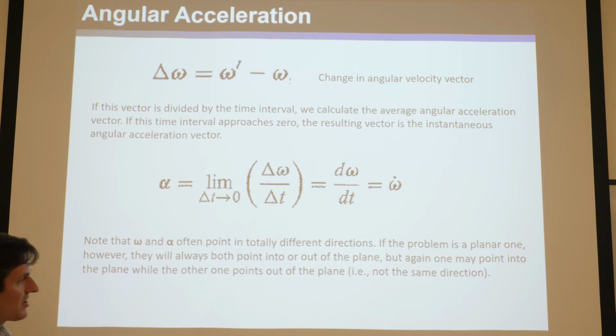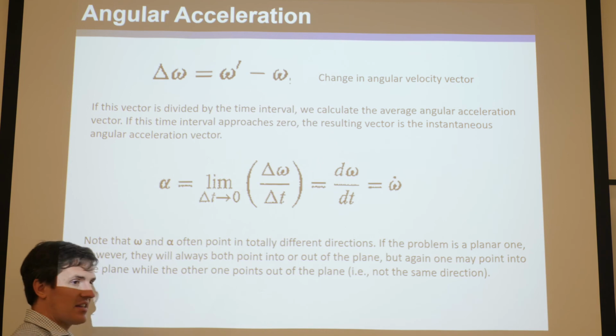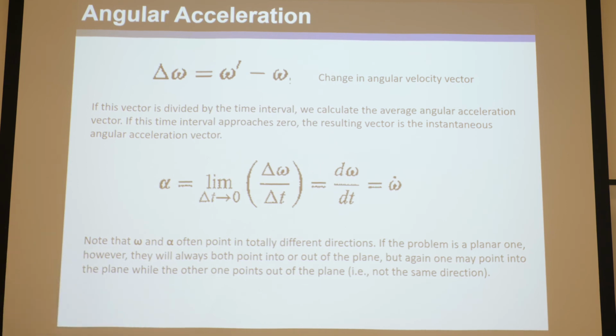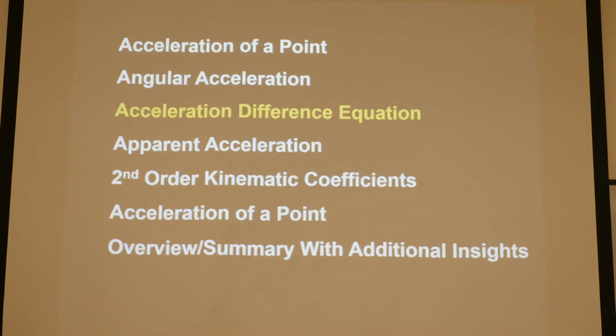They're not going the same direction. The alpha is going the opposite direction. Now, of course, if it's accelerating, then they're pointing the same direction. Okay, so just something to think about. But that's just for planar scenarios. Usually for three-dimensional real-world scenarios, they point in completely different directions. Okay, so that concludes that topic. Okay, so now we're going to talk about the acceleration difference equation.